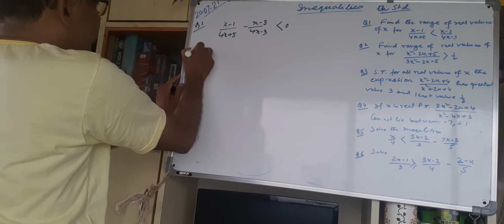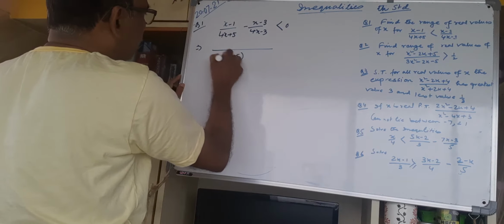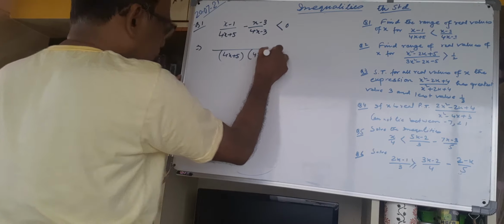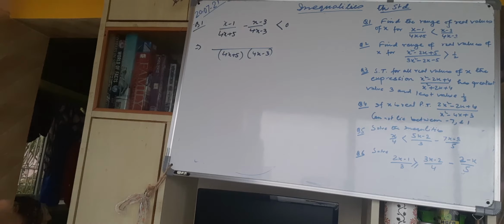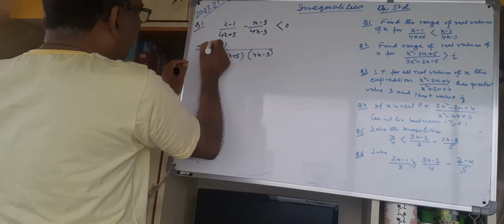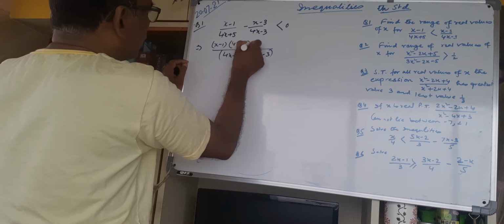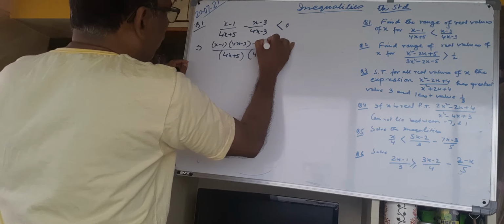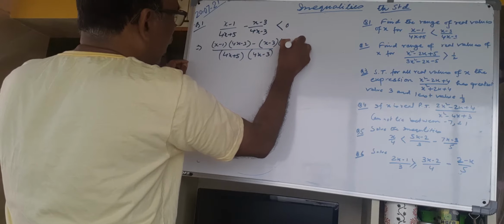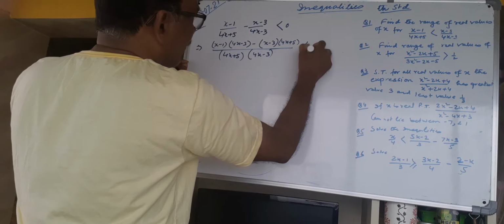Now doing subtraction, taking LCM, (4x plus 5) over (4x minus 3). Do subtraction, (x minus 1)(4x minus 3) minus (x minus 3)(4x plus 5), this is less than 0.